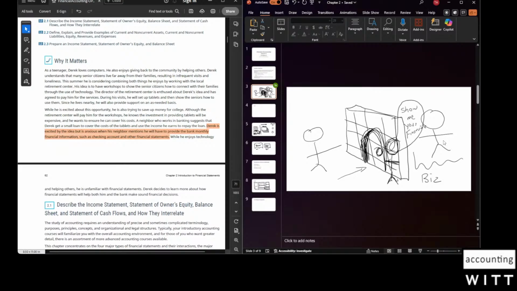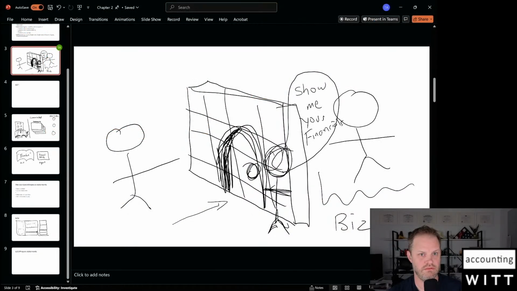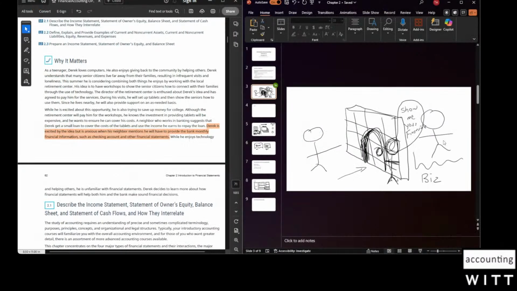That's really the truth: you have to know what financial statements are to be able to play in that playground. So that's why it matters.